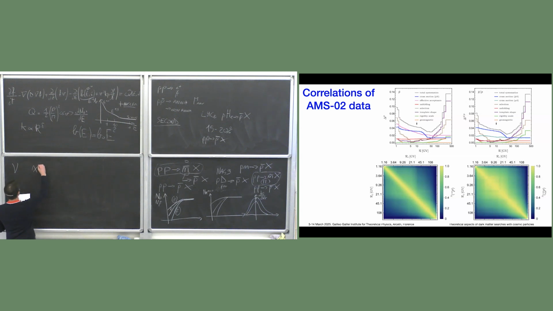So if you use the covariance matrix, your chi-square analysis basically takes into account the sum over all the bins and all the combinations of bins ij, where you take into account the flux of your experiment for the bin i minus the flux of your theory for the bin i. Then you have the covariance matrix for the bin ij, and then the flux for the experiment at the bin j minus the flux of the theory for the bin j.